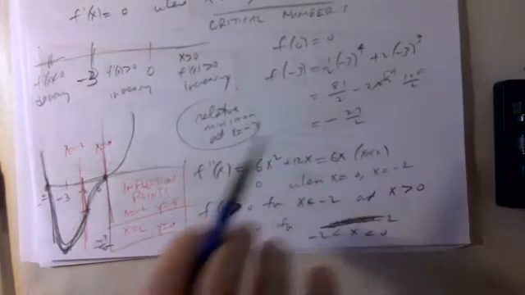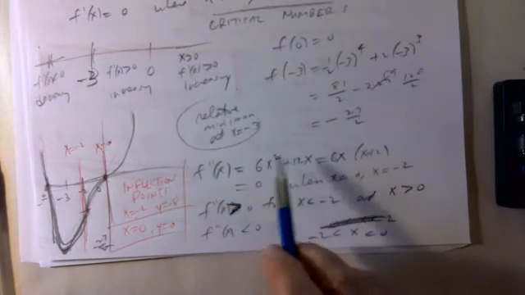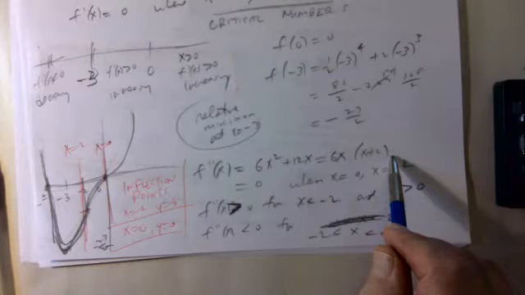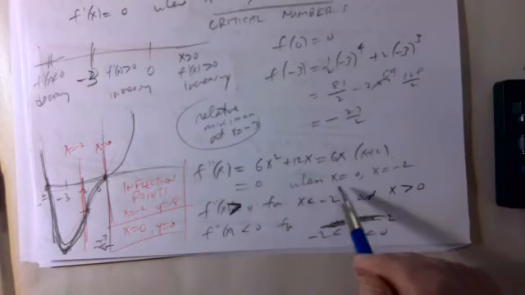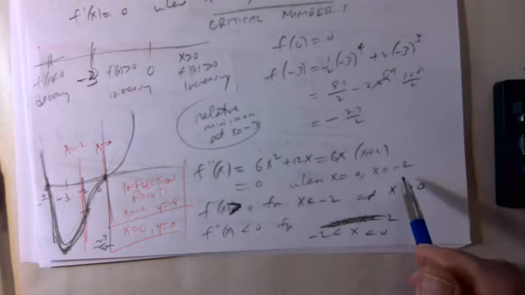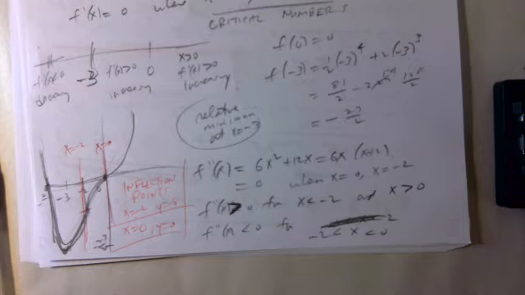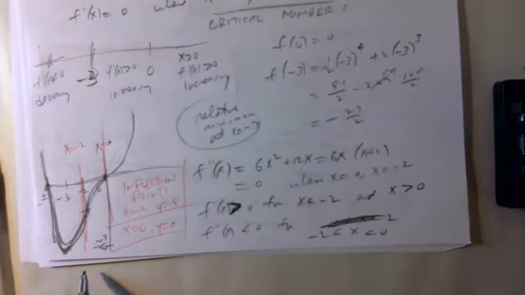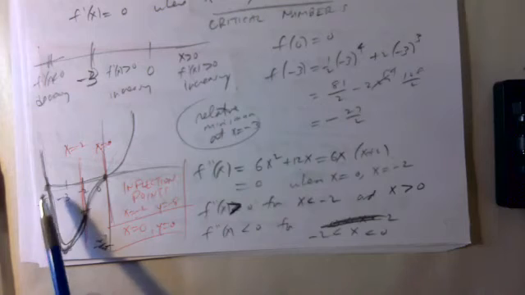Then you examine the second derivative. The second derivative is 6x squared plus 12x. That's 6x times x plus 2. That's equal to 0 when x is 0 or minus 2. So those are the only places where you can have an inflection point. If you look to see where the second derivative is positive and negative, you see there are 3 intervals.